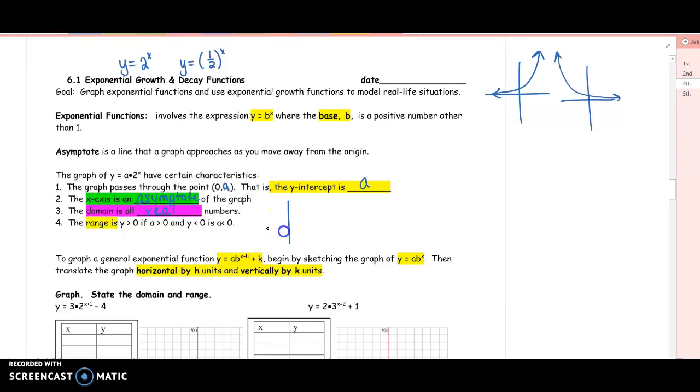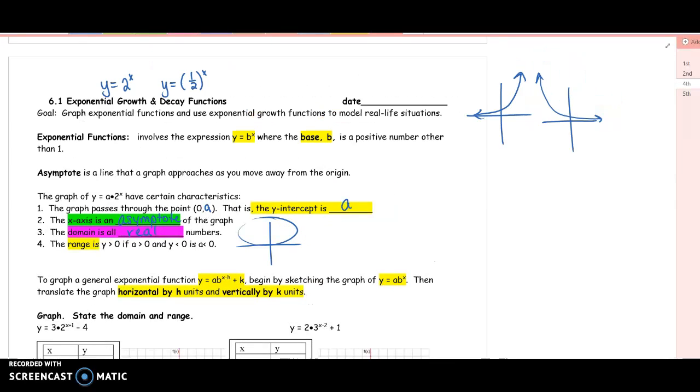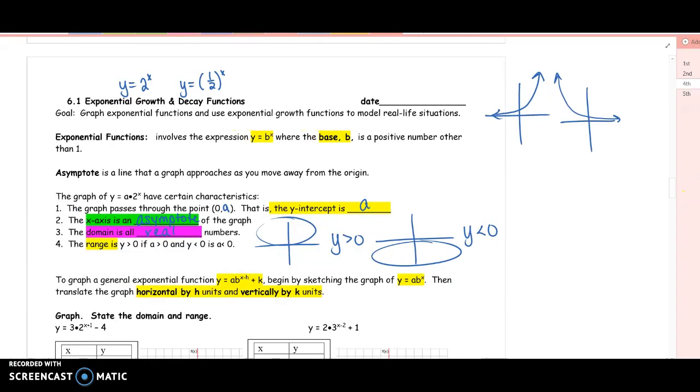Basically, if your graph is on the upper half of the graph, your range is y is greater than 0. If a reflection has happened and your graph is on the lower half, then your range is y is less than 0. So if there has been a reflection over the x-axis, if there's a negative number in front of the function, that switches your range to y is less than 0.